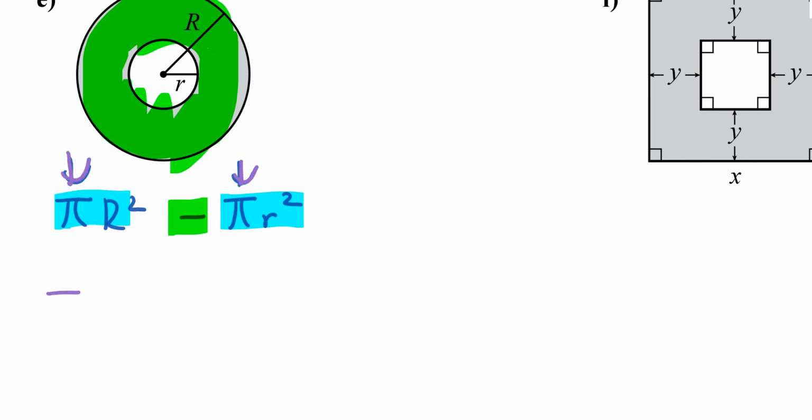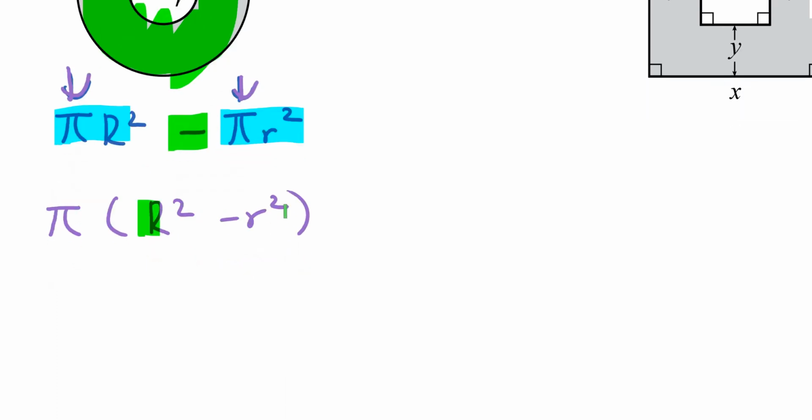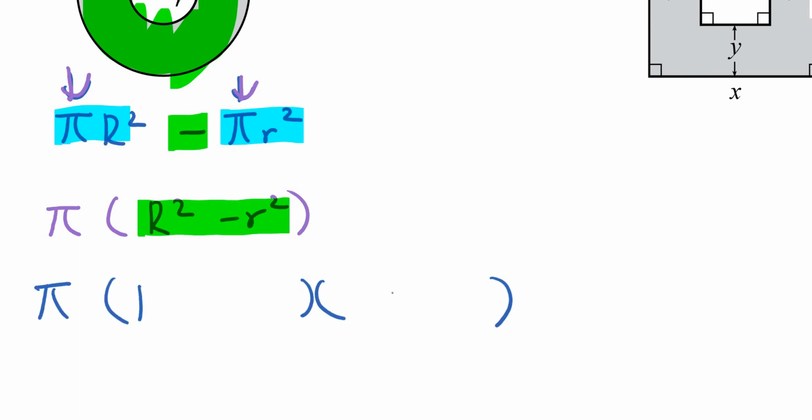If I factor out the pi's, I get big R squared minus little r squared. Then we can factor this inside binomial, because we can use a difference of squares technique. And remember, in the difference of squares technique, there's a plus sign and a minus sign, so big R plus little r and big R minus little r. And that is your final answer for that letter.